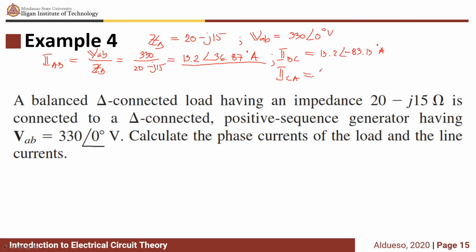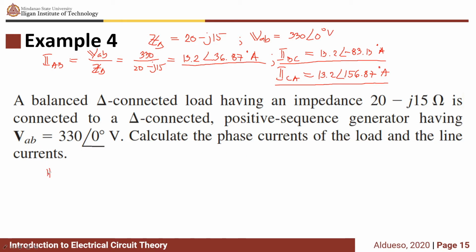And lastly, ICA is 13.2 with angle of 156.87. So you now have the values of the phase currents. If you have the values of the phase currents, you can relate them with the line currents.